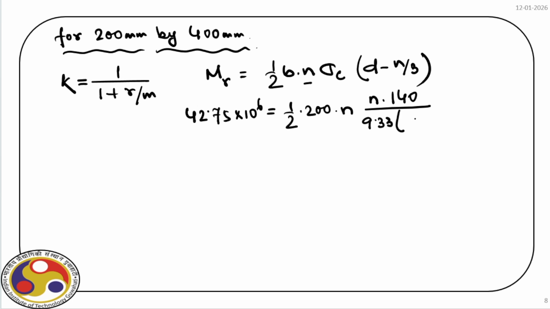Within bracket, we have d minus n, so that is 375 minus n.